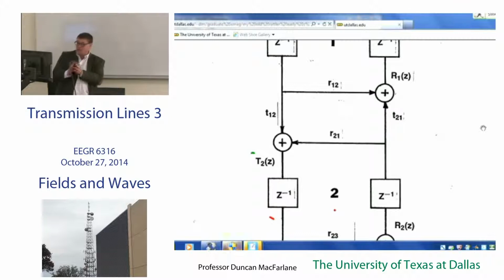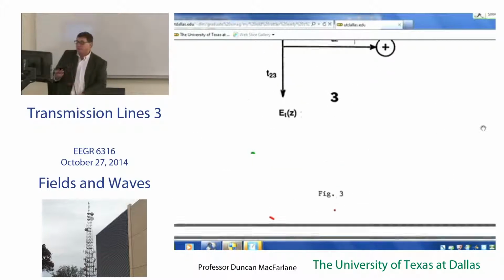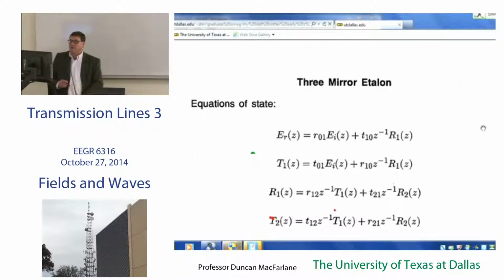This is terminology that until about 2 decades ago was not generally applied to electromagnetics, not generally applied to optics. No one ever talked about the poles of a Fabry-Perot etalon. But they were there. They were always there, and no one ever noticed it.